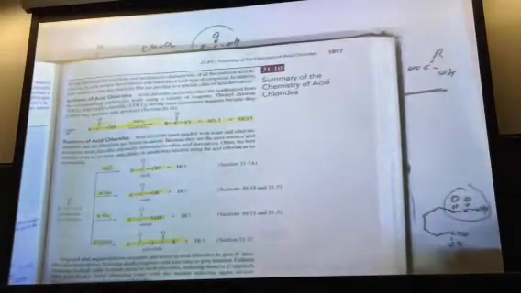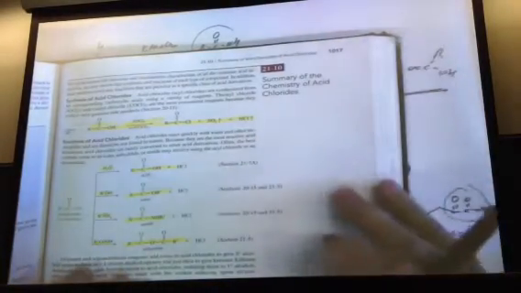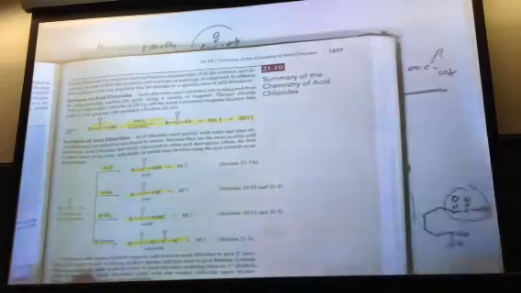When they actually discuss these summaries, they don't just give you a list, it's kind of summarized. So start on page 1017, it tells you how to make acid chlorides and how they react, then tells you how to make anhydrides and how they react.